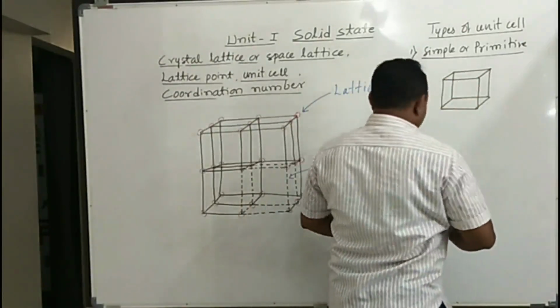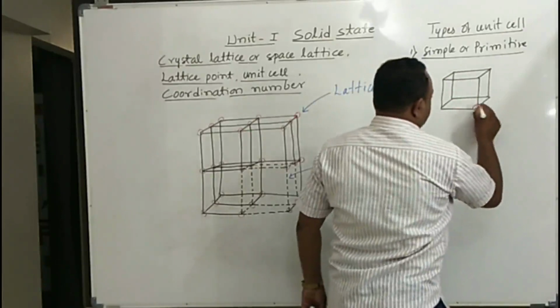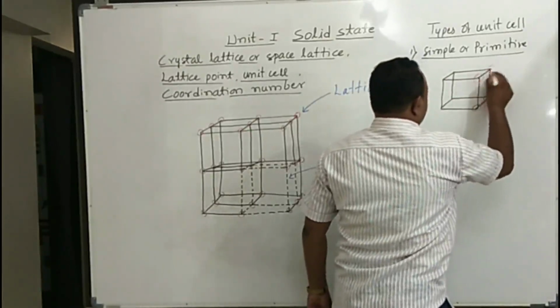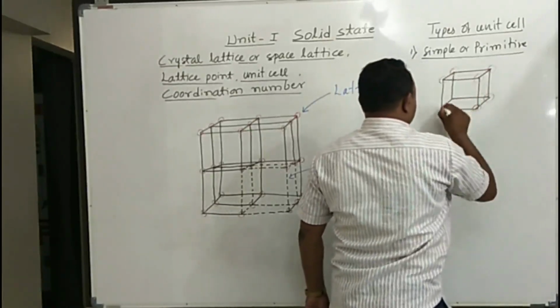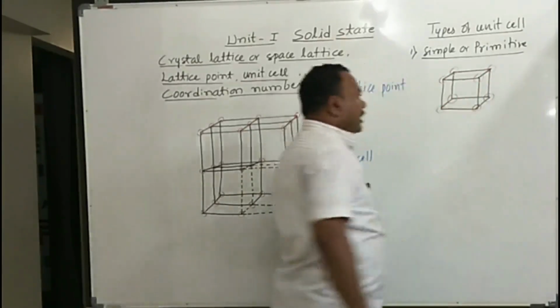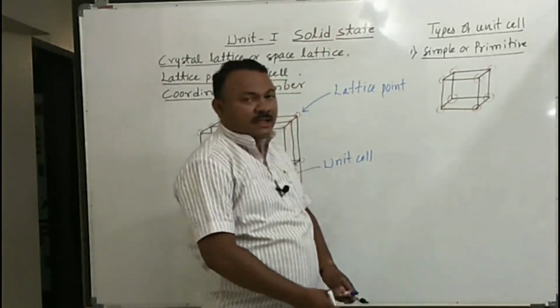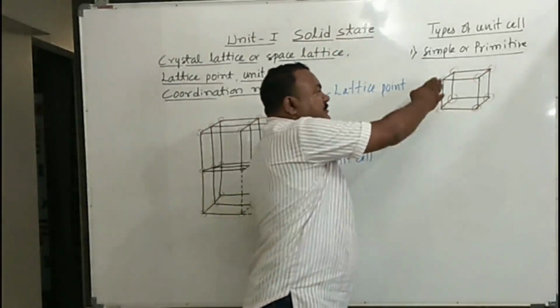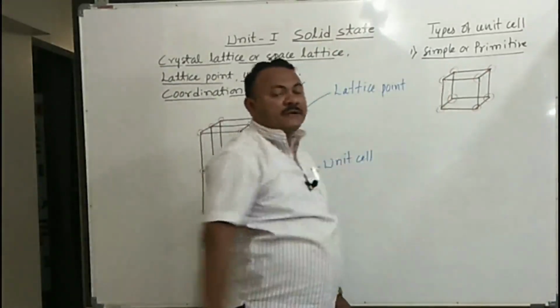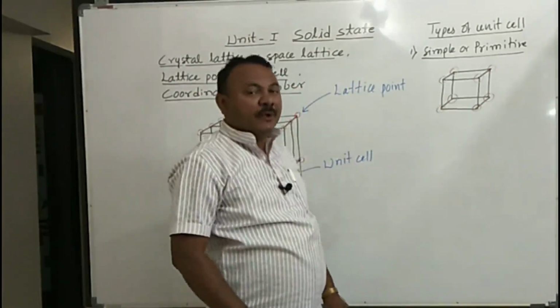See where the particles are present. Particles are present only at the corners. Unit cell containing particles only at the corners, we call it as simple or a primitive unit cell.